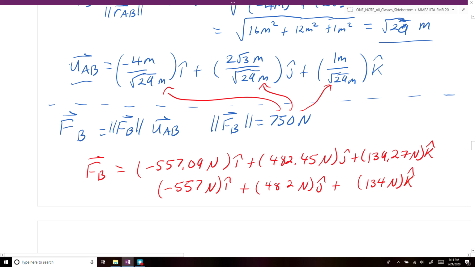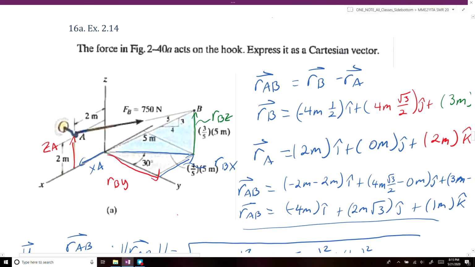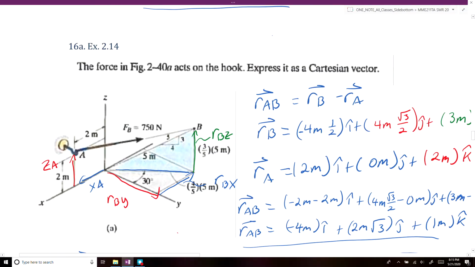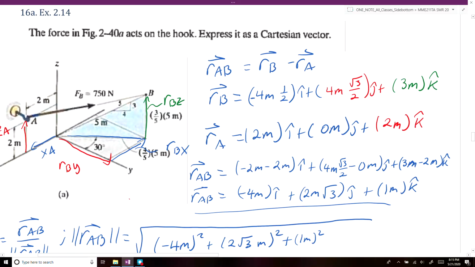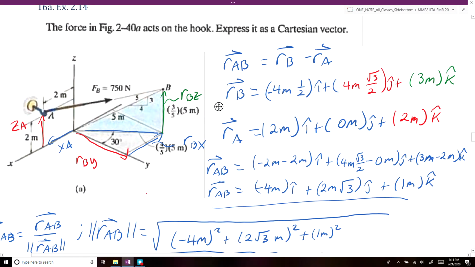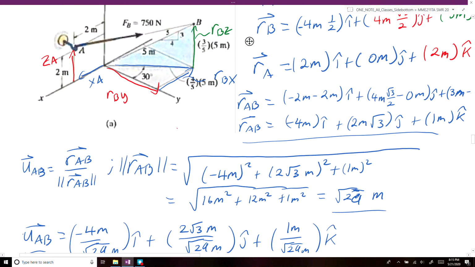Just to summarize, if you're given the magnitude of a force and the coordinates of its start and ending point, you can calculate that force as a Cartesian vector by first determining the position vector from the starting point of your force to the ending point of your force.